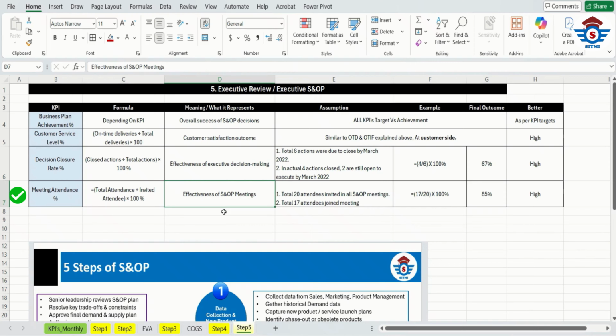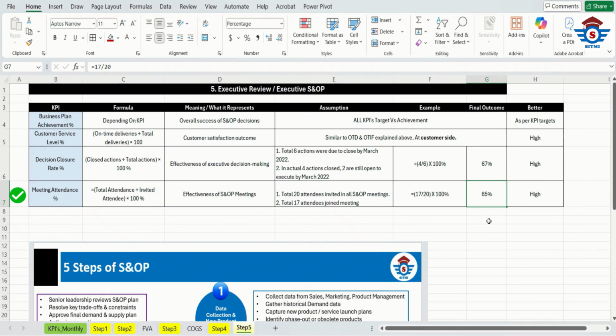Now, let's assume that in all our 5 different S&OP meetings, we had invited total 20 unique attendees in our S&OP meetings, out of which only 17 people attended these respective invited meetings, and 3 members could not attend the invited meetings. And now, when we put these numbers in our meeting attendance percentage formula, then we put number as 17 divided by 20 times 100%, and the final outcome is 85%.